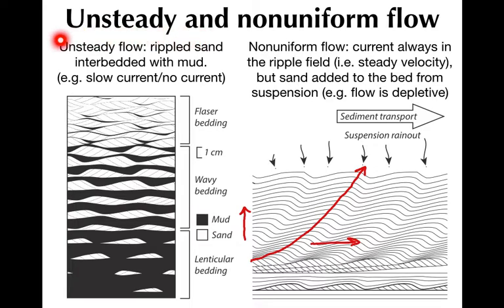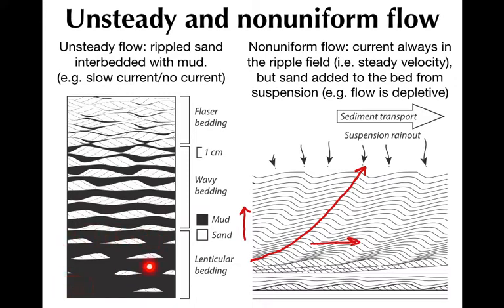Now let's look over here at the case of unsteady flow. Here is a situation where you have rippled sand interbedded with mud, and what that represents is a change from a slow current producing rippled sand to no current producing a deposit of mud. Down the bottom you have what's called lenticular bedding, where you just have single ripples preserved and encased in mostly mud.